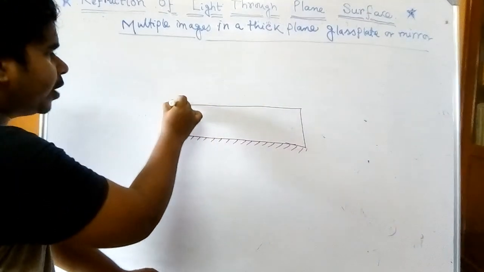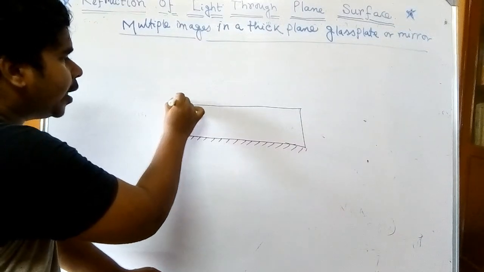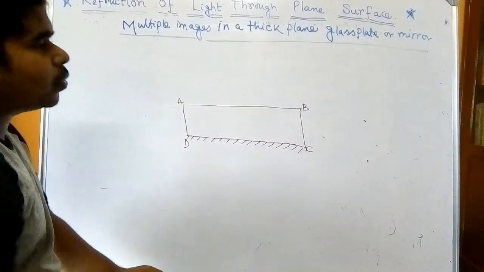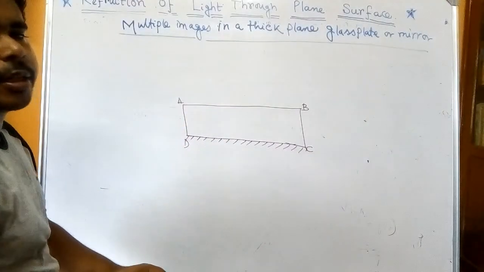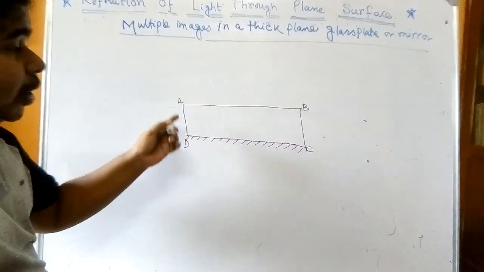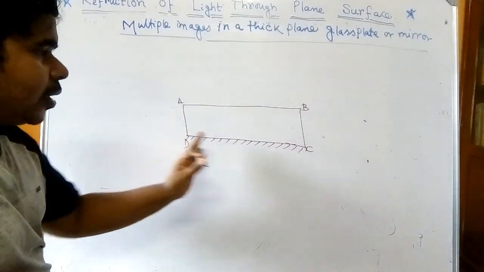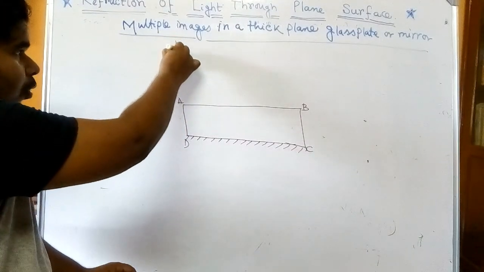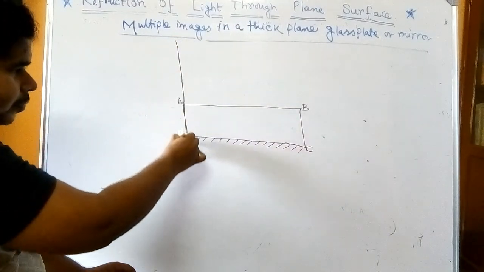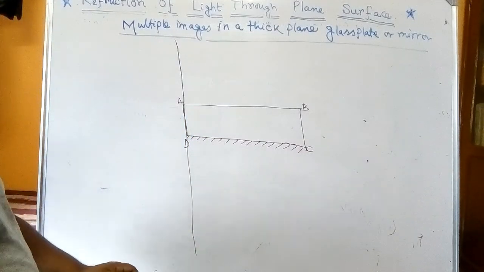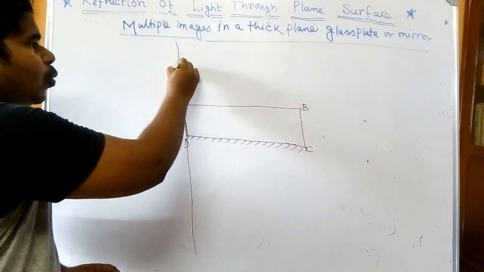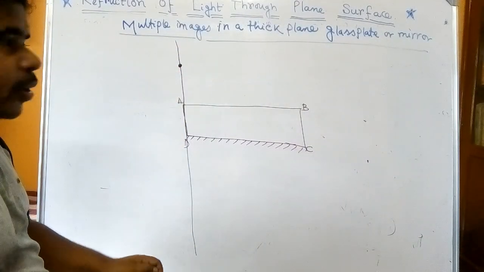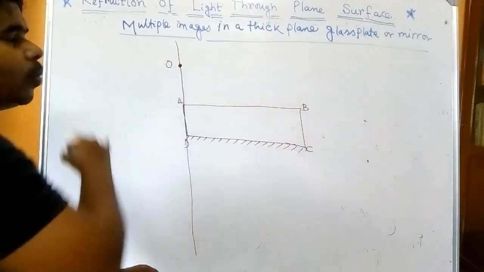Let me name the points A, B, C, D. Light can be incident through AB and can be reflected, but it cannot pass through CD because it is silvered, shining. Now I have to draw a straight line here. Assume I have kept one illuminated object in this place, and that point we take as O.